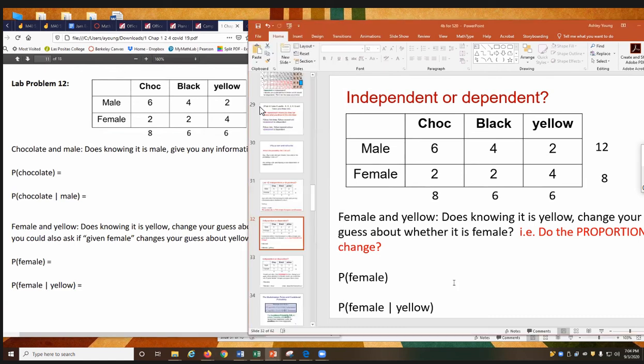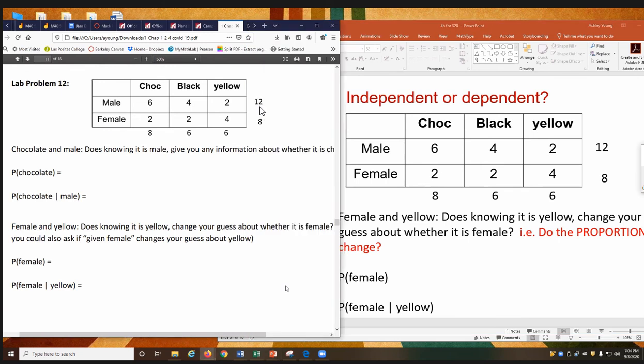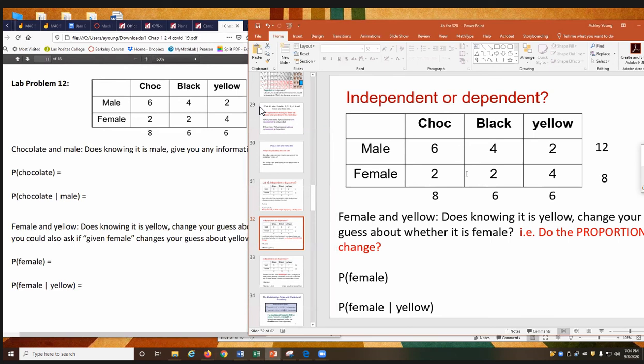All right. Let's see. What's the probability that they're female? Probability of female is 8 out of 20. So that is 0.4. Now, given it's a yellow lab, let's see. I know it's a yellow lab. This group here.